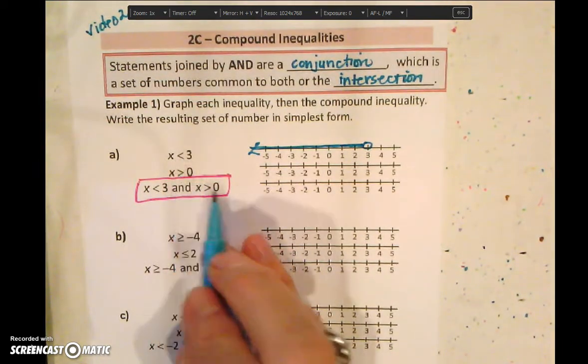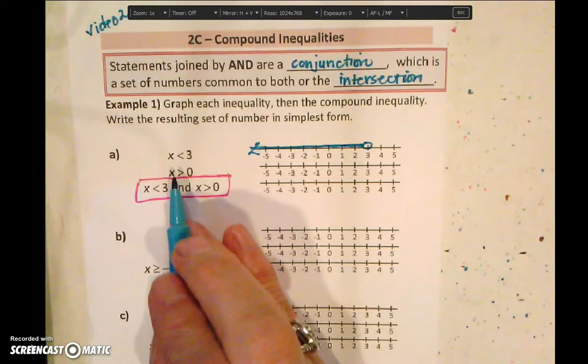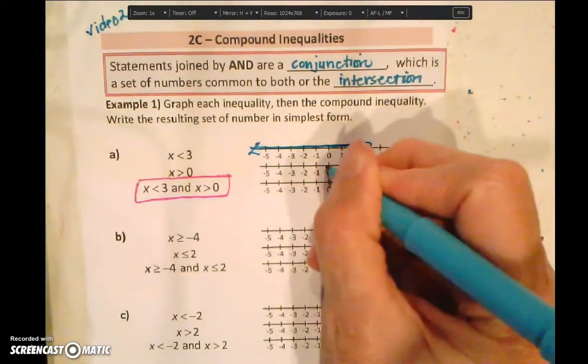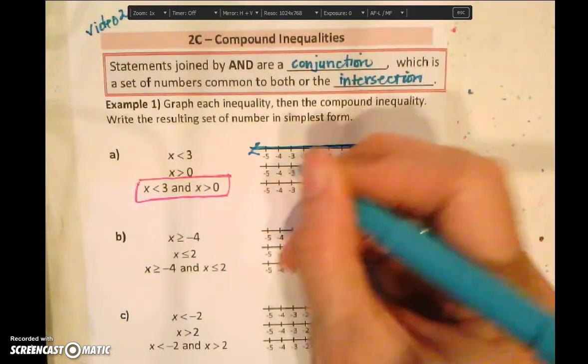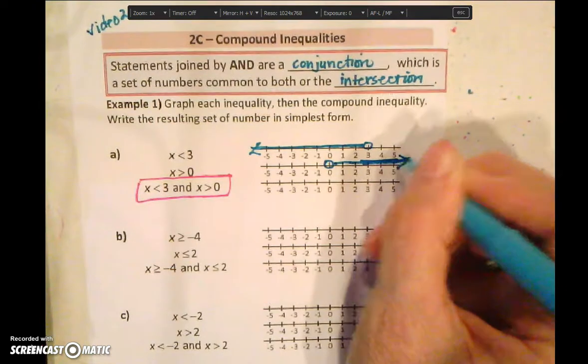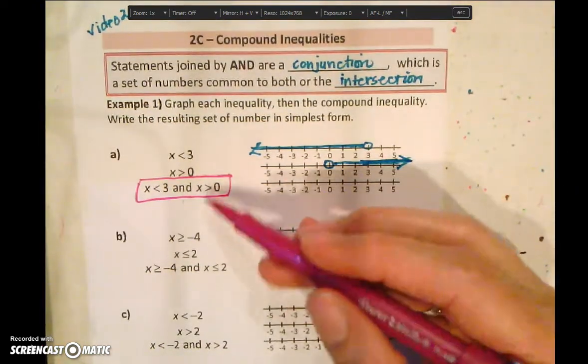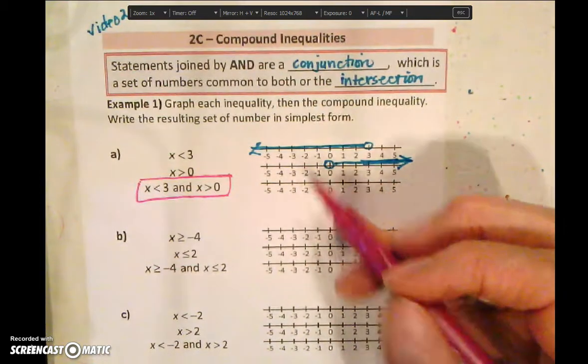Then I'm going to go to the second part of my inequality, this part here. X is greater than 0, so that'll be an open dot there, and it's greater than, so it's going to go to the right. Now what I'm interested in is the numbers that are in both sets.